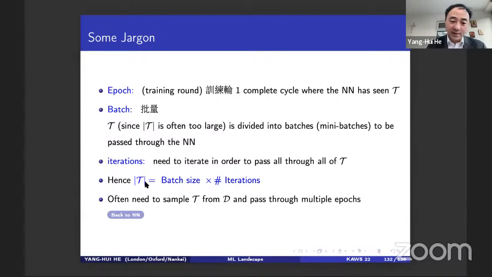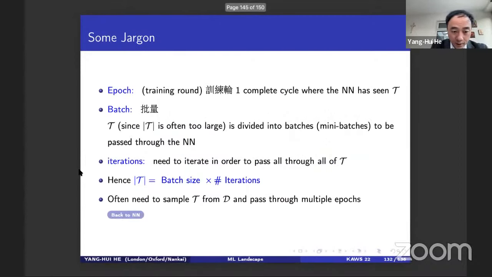So your training size is batch size times the number of iterations. You often want to sample through the training set using what I mentioned, stochastic gradient descent, in order to randomly sample through your batch size, and you want to pass through multiple training rounds or epochs of your training. Okay, so I'm going to illustrate this in a minute.